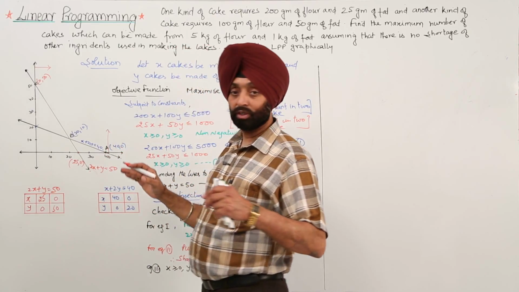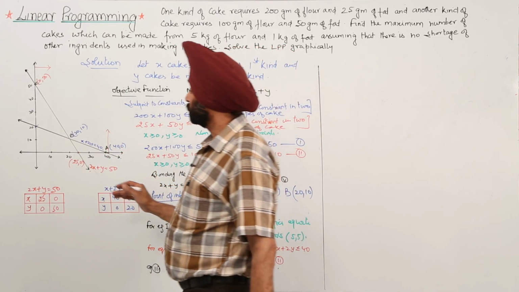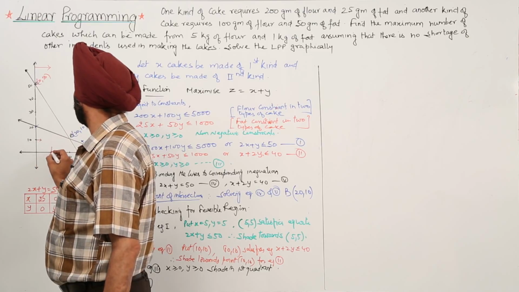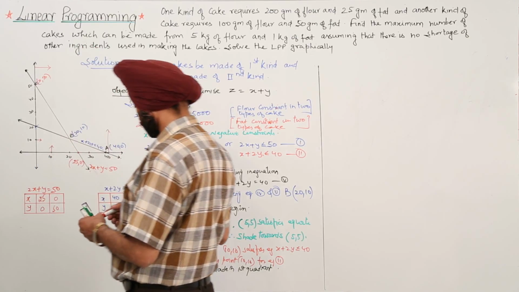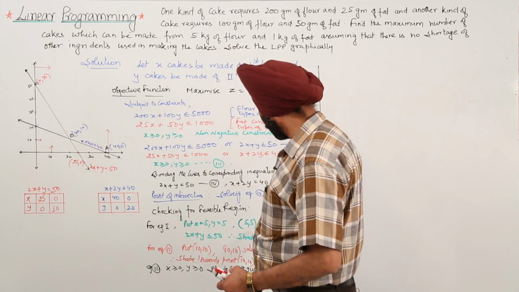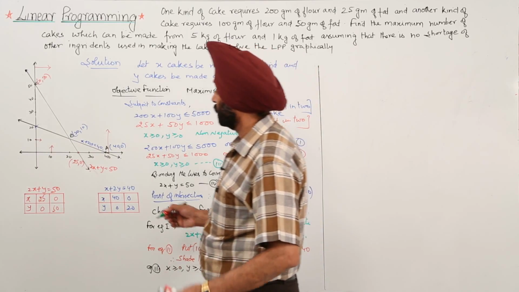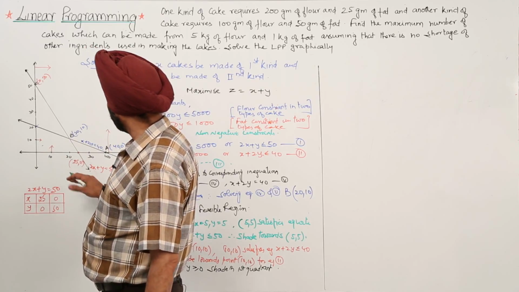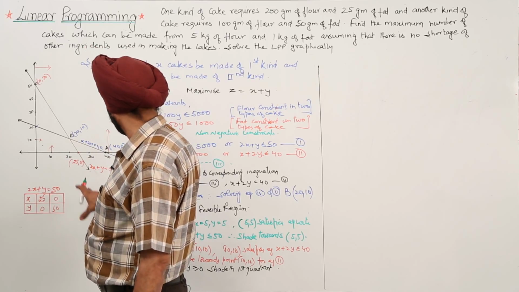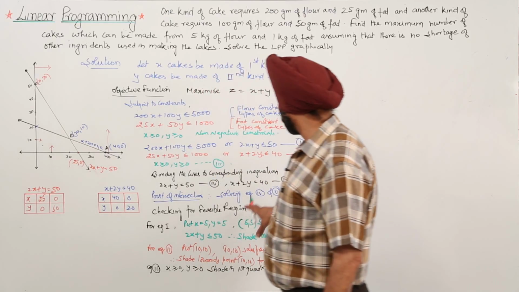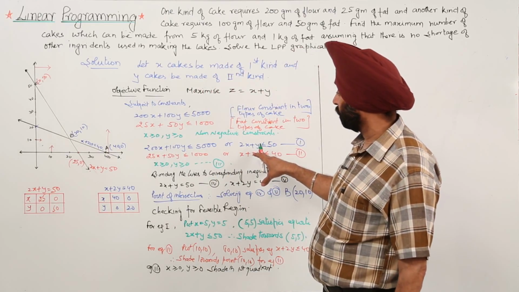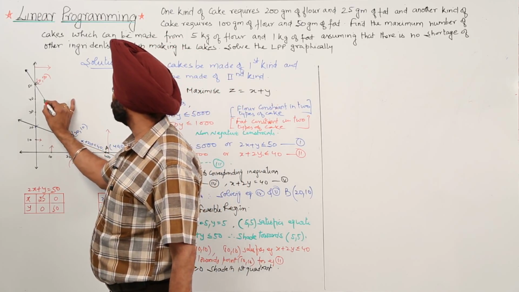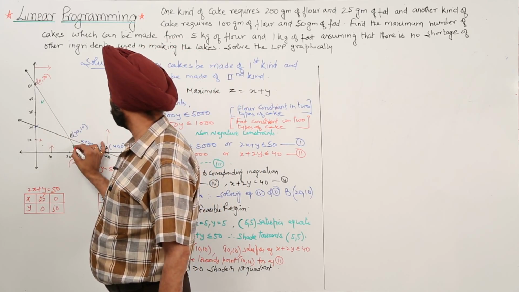So we are shading in the first quadrant. Now 5 comma 5 for equation 1 approximately falls this side, so our shading will be downwards like this.